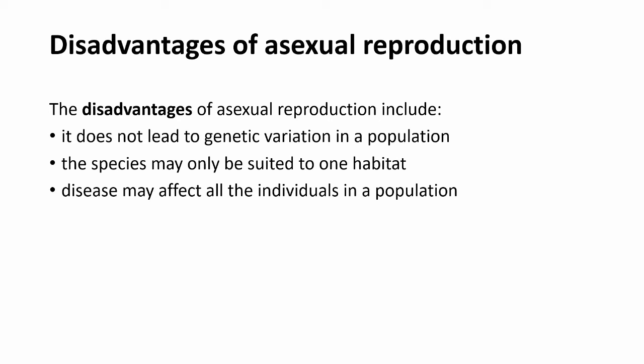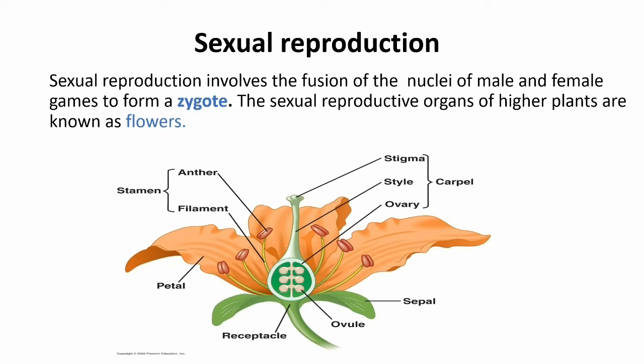And because of inadequate genetic variation, diseases may affect all the individuals in the population, because they are the same plant. When one plant is affected, all the other plants are subject to the disease, in which you can have all the plants on the field being wiped out in a short period of time. These are the disadvantages of asexual reproduction.